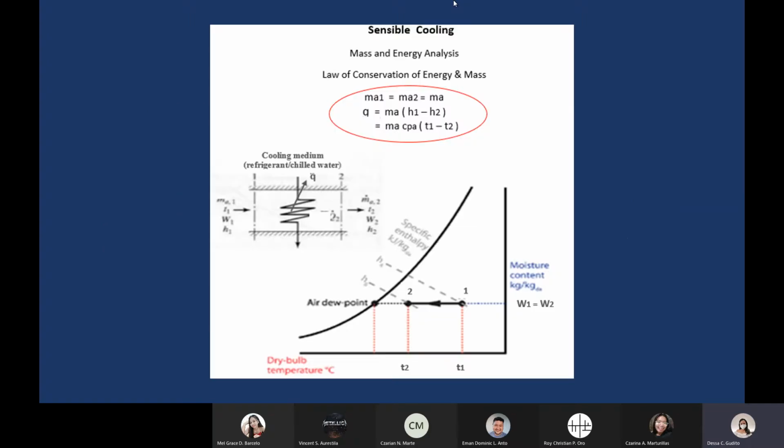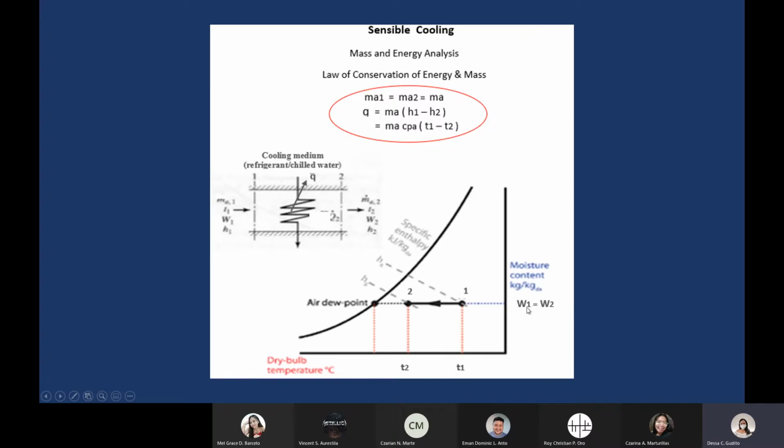On the psychrometric chart, sensible cooling is represented by a horizontal line from point 1 to point 2, going to the left.